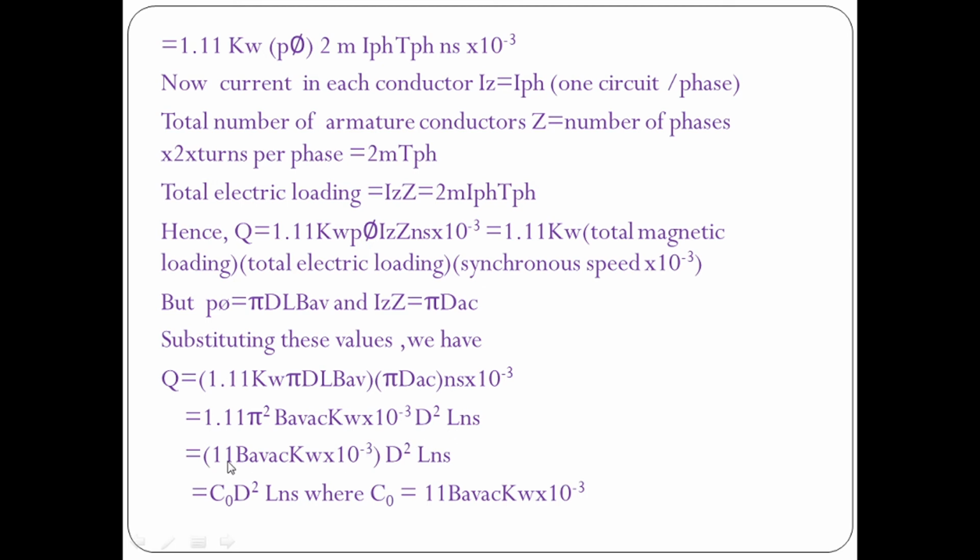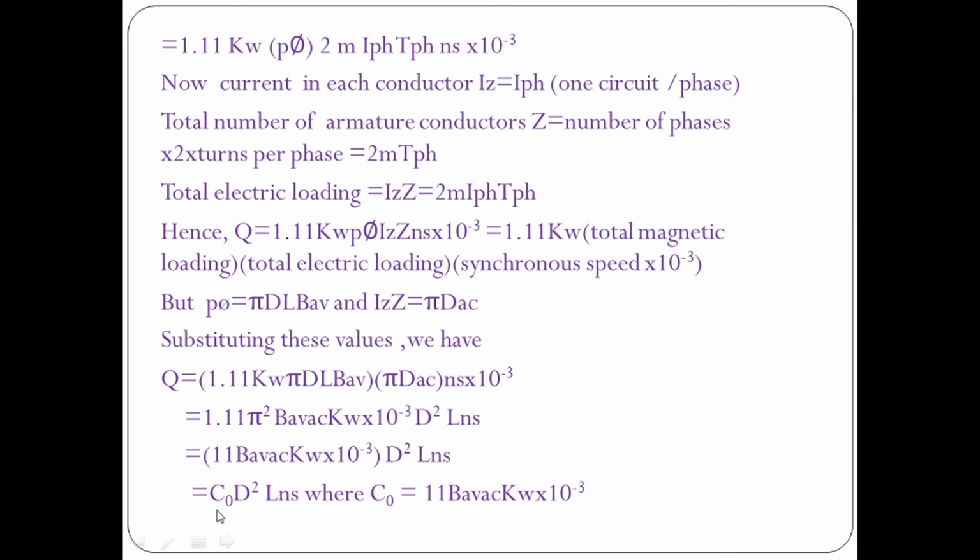If you substitute pi as 3.14, pi square is nearly equal to 10. So if you multiply that with 1.11, you will be getting nearly 11. So 11 into BAV into AC into kW into 10 to the power minus 3 into d square into L into ns.